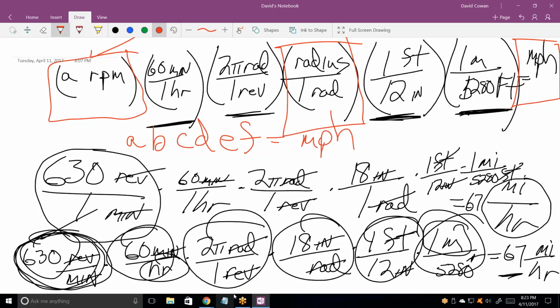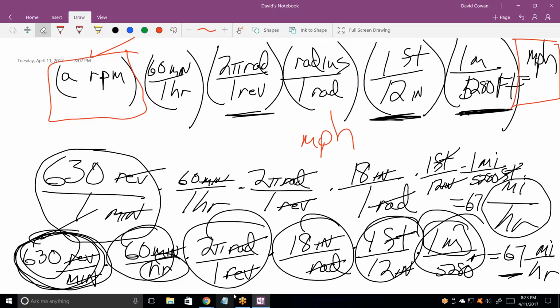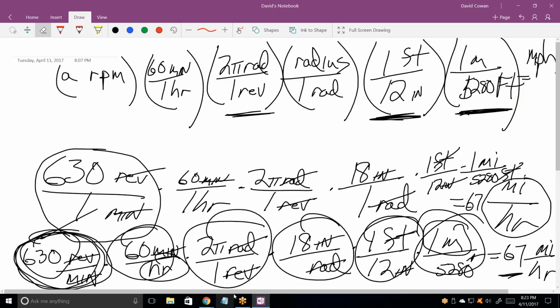If they give you MPH and B through F, then you can calculate A. In other words, as long as there's only one unknown there, you're going to be able to solve this equation. And they always give it to you so that there's only one unknown. In the problem I gave to you, the unknown was the miles per hour.